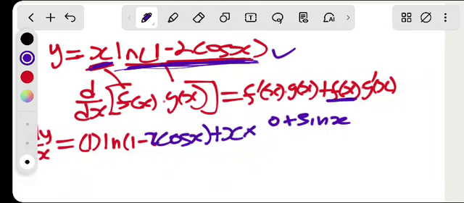Remember, when you differentiate cos it will be negative, but already we have a negative, so the negative with negative will be positive. Then you divide this by the original, 1 minus 2 cos x. This is how you differentiate.